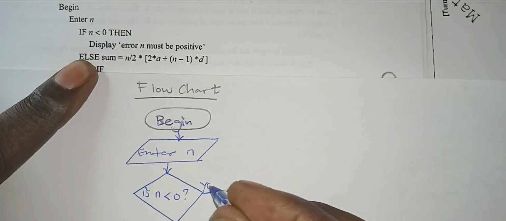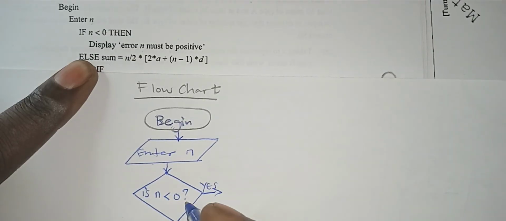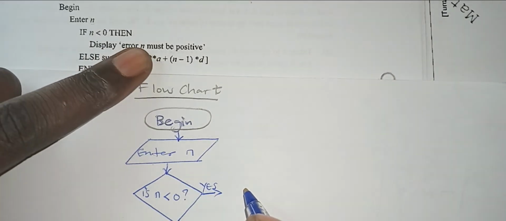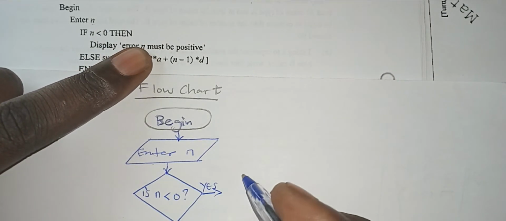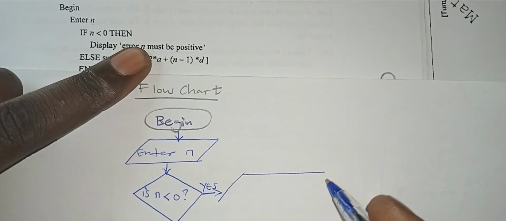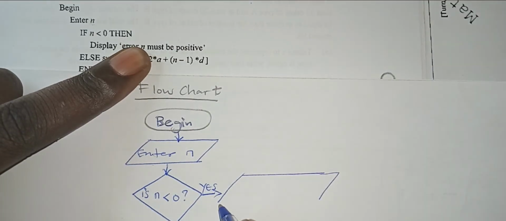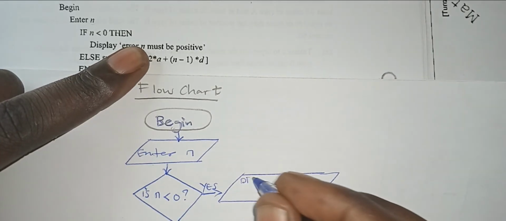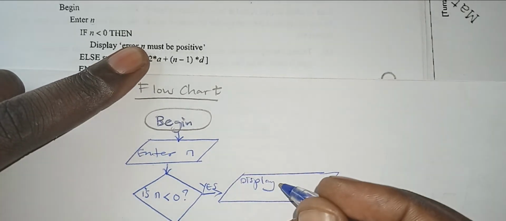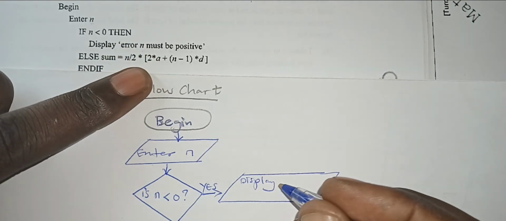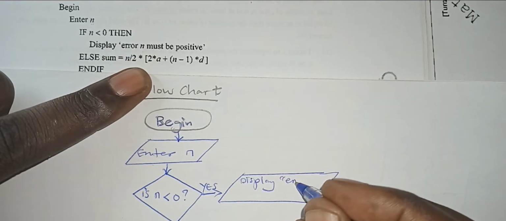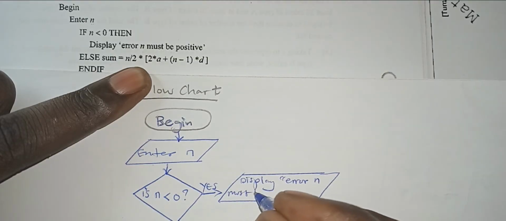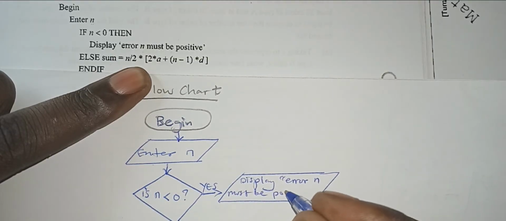If the situation is a yes, if n is less than 0, then we display the error message, n must be positive. So since it's display, we use this symbol, which is the parallelogram, and inside we are going to say display error, n must be positive.